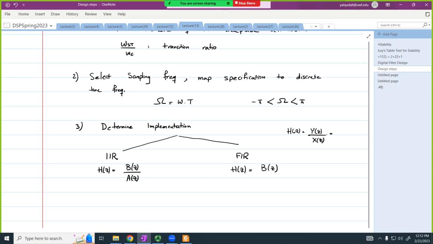Does that make sense? So I'm going to have something that looks like this: z squared plus z plus 1. Multiply across, I'm going to have y of n plus 2, y of n plus 1, y of n. If I have a numerator and denominator, what is that going to give me?